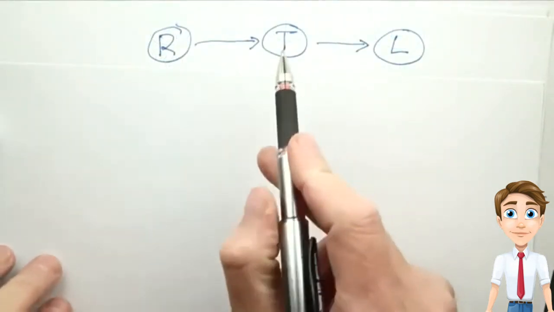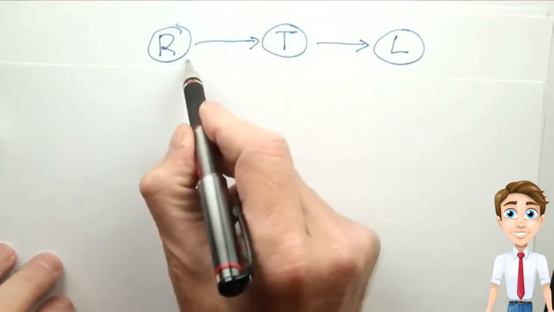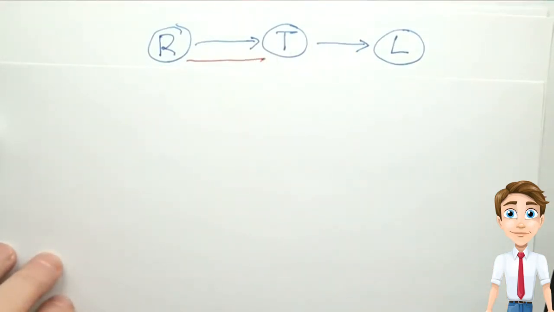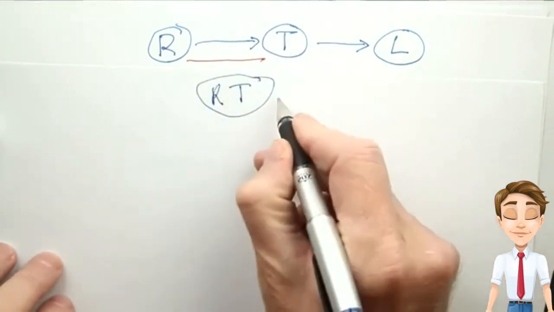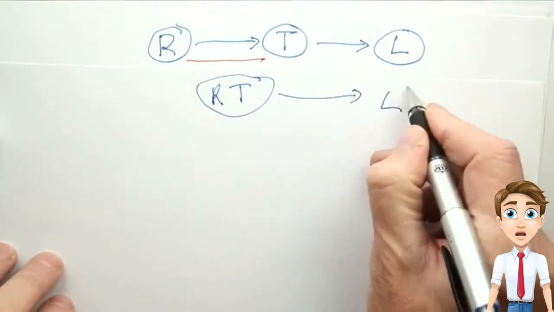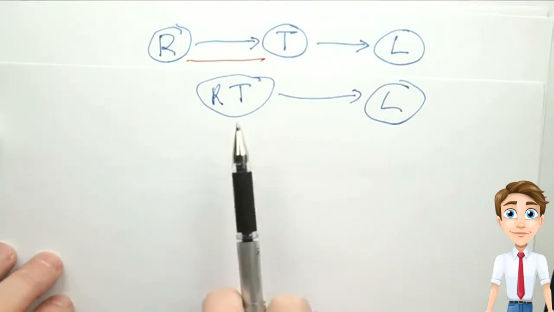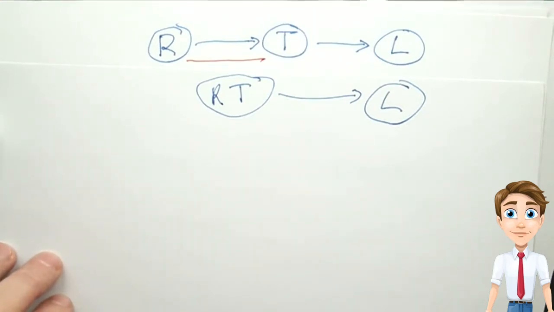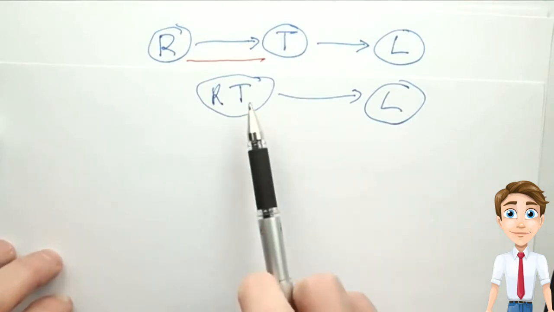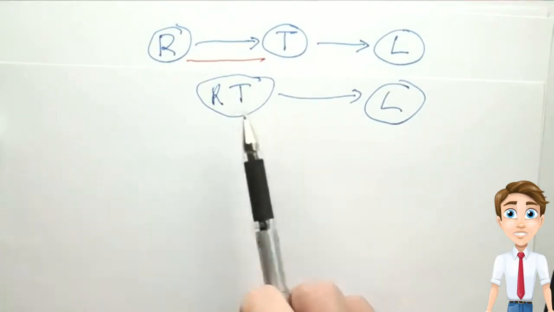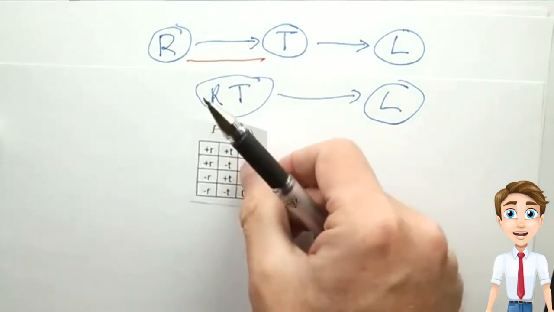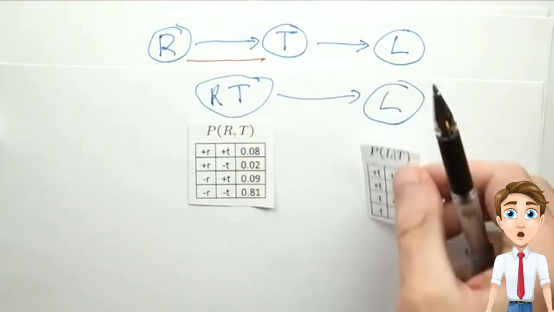So what have we done? We use the operation of joining factors on these two factors, giving us a new factor, which is part of the existing network. Now we want to apply a second operation called elimination, also called summing out or marginalization, to take this table and reduce it. Right now, the tables we have look like this.